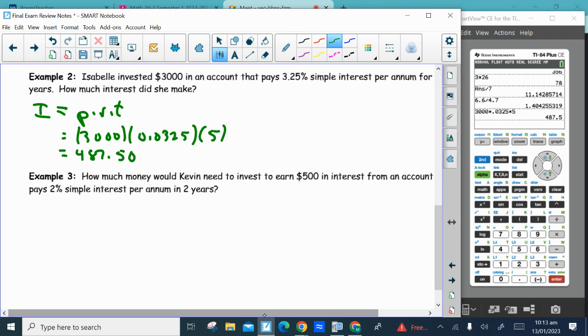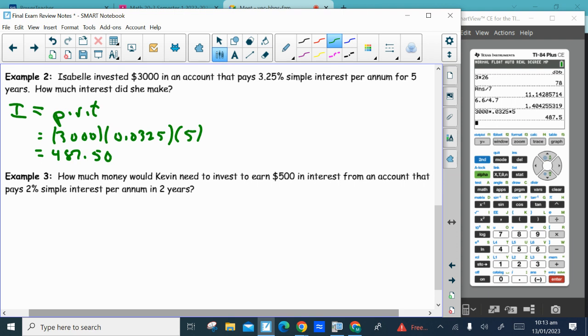Example 3 says, how much money would Kevin need to invest to earn $500 in interest from an account that pays 2% simple interest per annum in 2 years? Per annum means per year. And again, because we're told it's simple interest, we have to use the simple interest formula. Interest equals principal times rate times time.